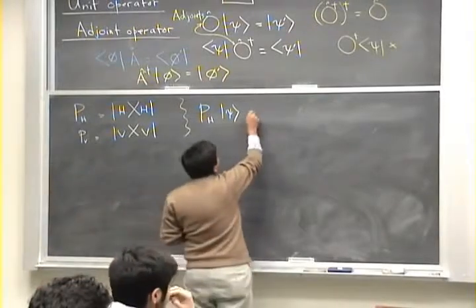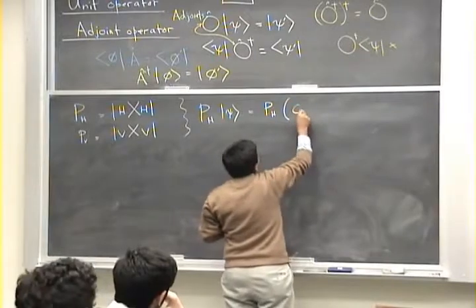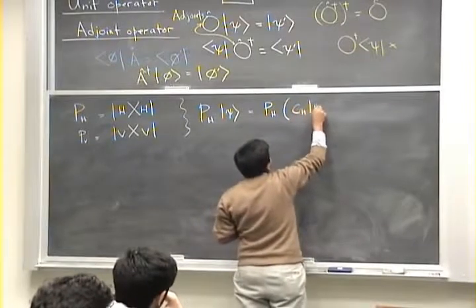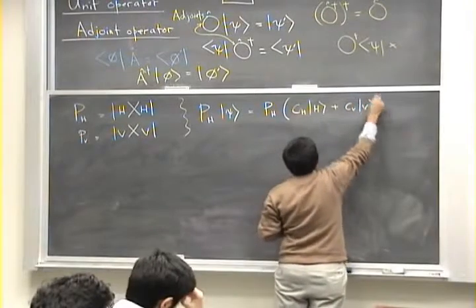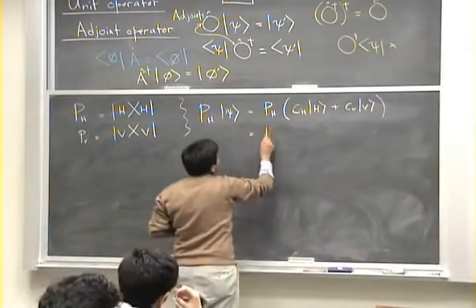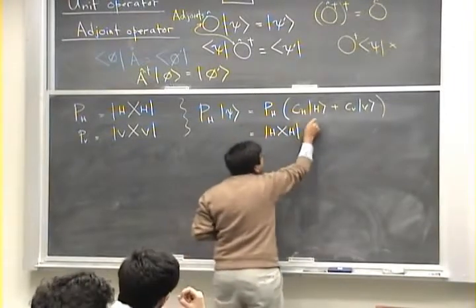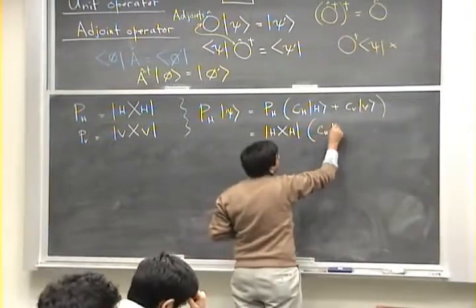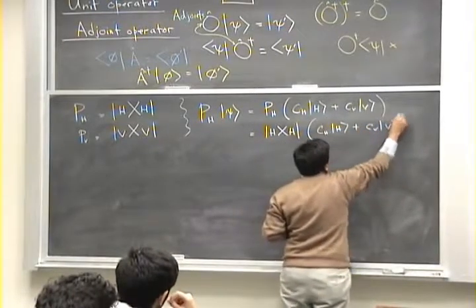Okay. So PH is now acting on psi, which in general terms is given by CH ket H plus CV ket V. Okay. Now PH is ket H bra H acting on CH ket H plus CV ket V. Okay.